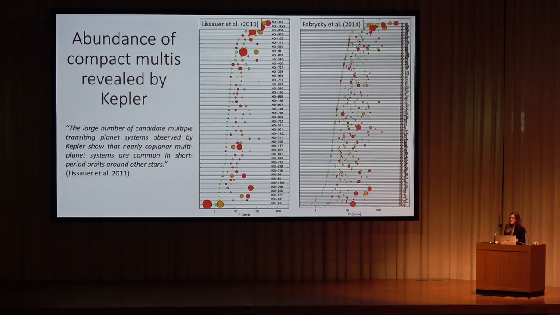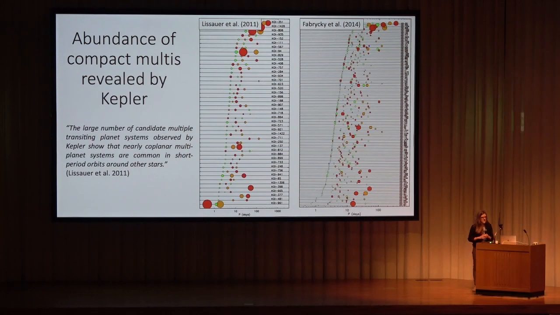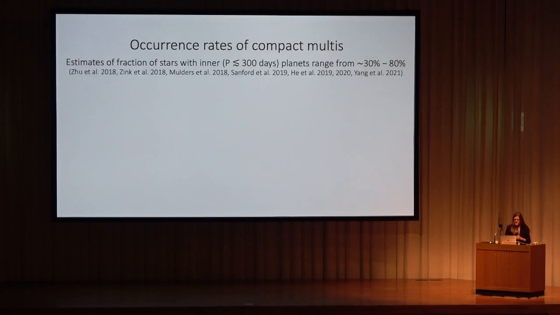The next Kepler architectures paper was Fabrycky et al. in 2014. This covered all systems with 3 or more planets known at the time, so clearly these were proving to be pretty common. The present day estimates of the occurrence rates of compact multis lie in the range of about 30 to 80%. Although these estimates agree about the ubiquity of these systems, they disagree on the extent of that.